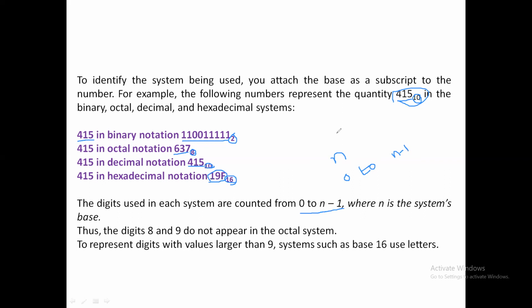If the base is 10, then the digits are going to be 0 to 9. If the base is 2, then the digits are going to be 0 to 1 only. If the base is 16, then the digits are going to be 0 to 15. Because we cannot represent 10 to 15 as digits, we will use alphabetical characters A to F. So that is another point you need to remember.